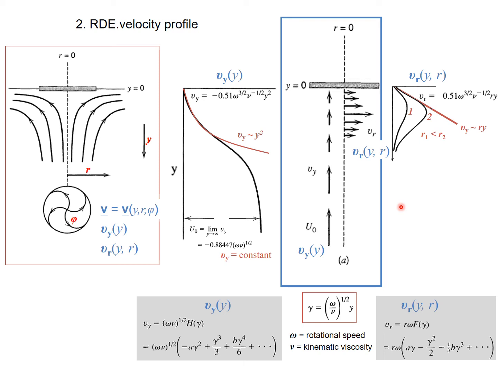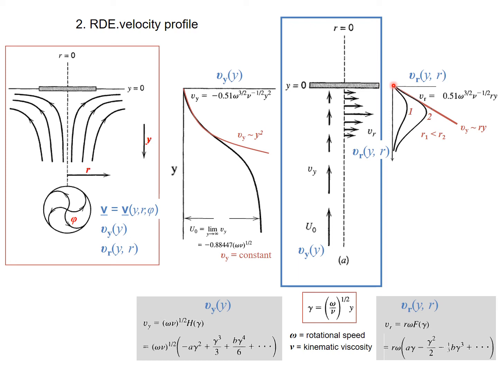And then when the flow approaches the surface of the electrode, the radial velocity increases, and at a very critical position the radial velocity is maximized, and then the velocity decreases along the y direction. At the surface of the electrode, the radial velocity is 0.